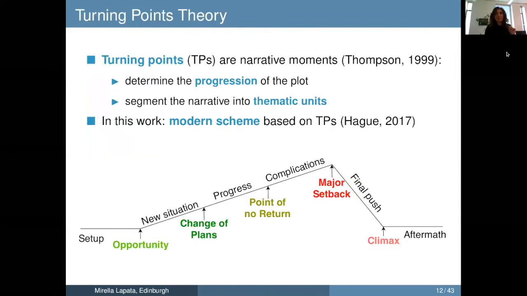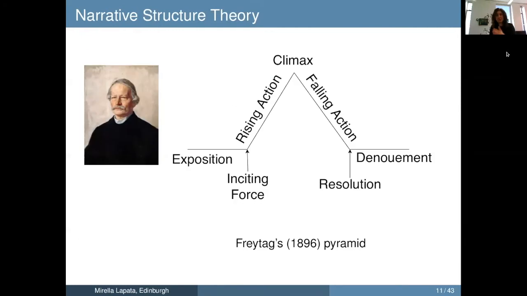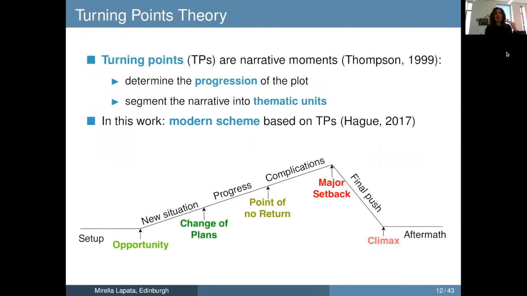So what are these turning points? So the turning points are based on this pyramid, and they're described as narrative moments. What does this mean? That as we watch the movie, something will happen that will move the plot forward. And so there's these moments, as time goes by in the movie, that happen, and then a different unit will start.